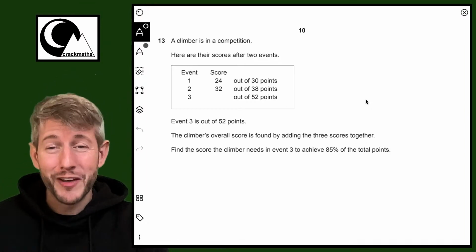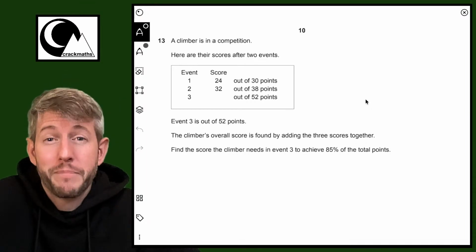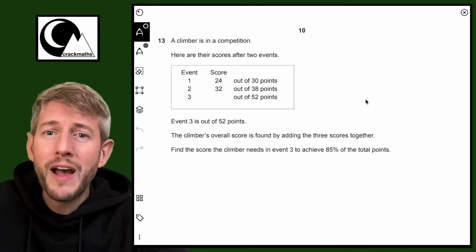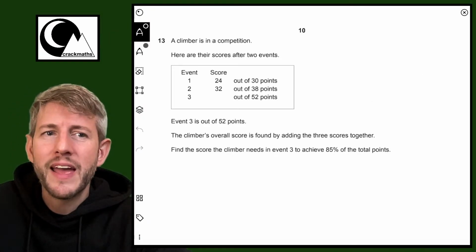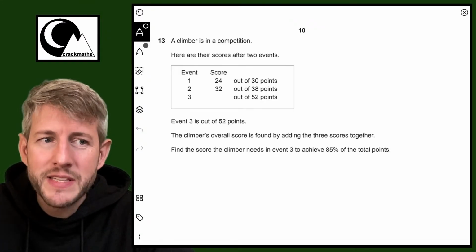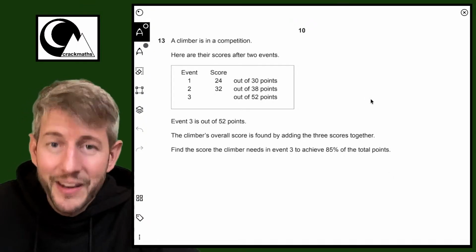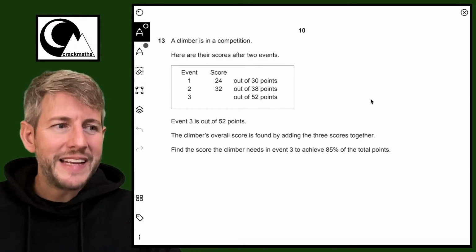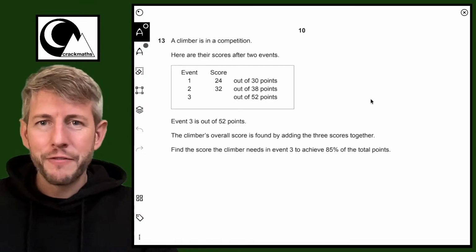Right, okay. So what we need to do is find out how many total points were available. Then we need to work out what 85% of that is. And then from that, we need to find out how many points we need to get up to 85%.